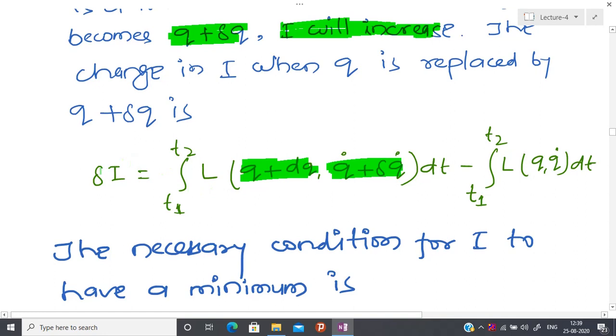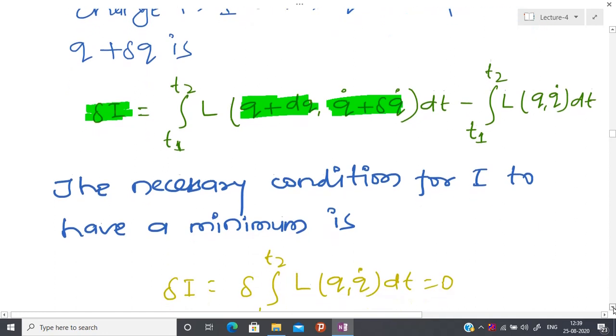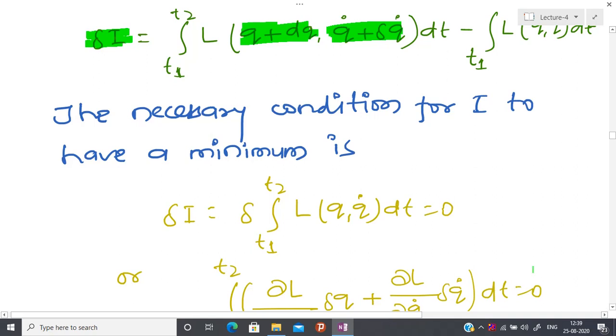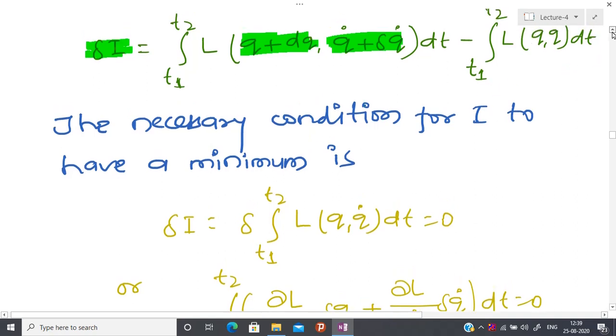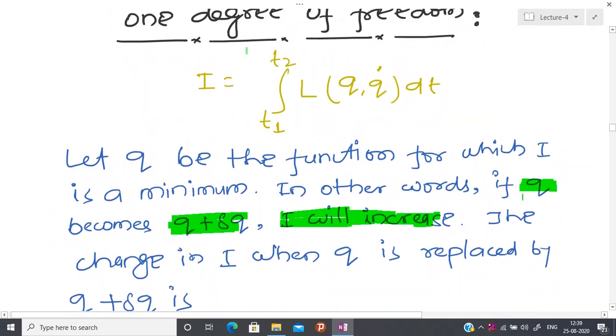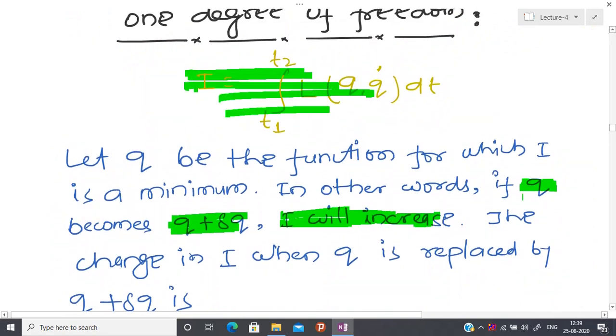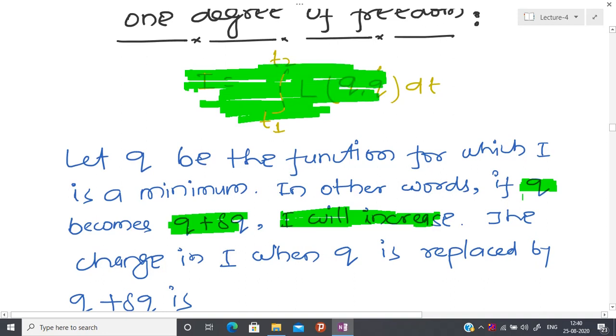And after that I am going to see the difference between these two, delta I. We already know that if I want to make L in such a way that this integral has a minimum value, one of the easier methods to ensure this is to perturb both sides by delta.